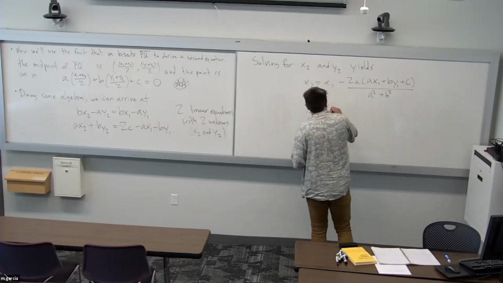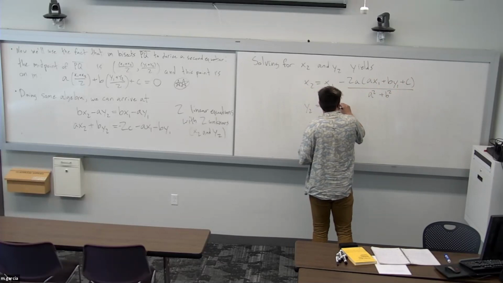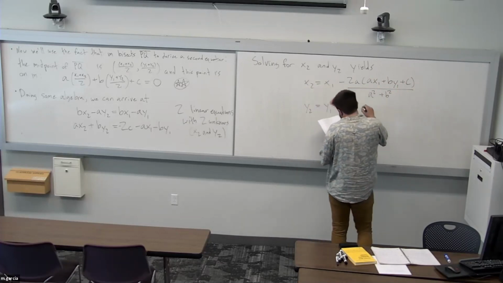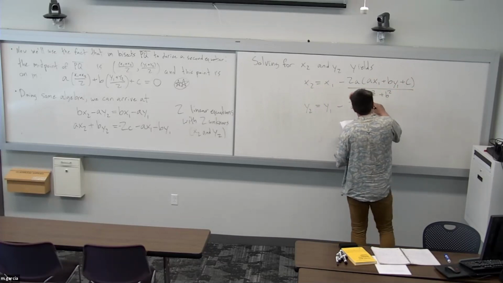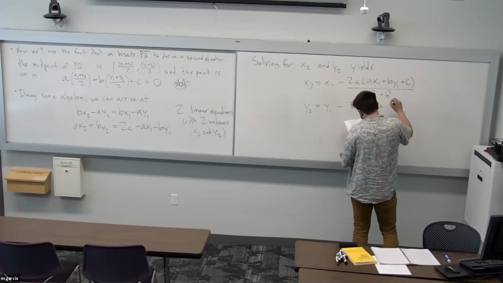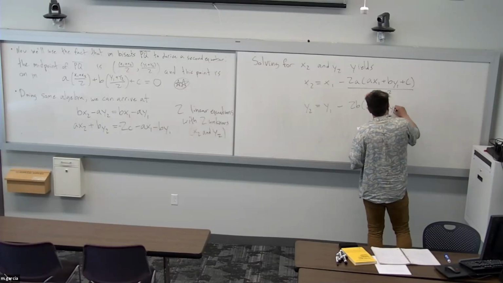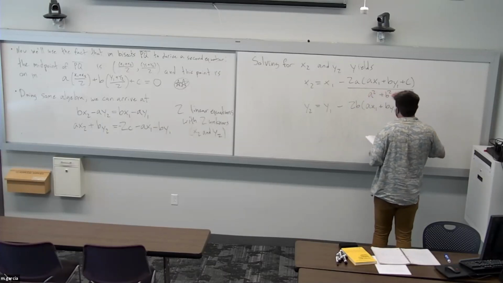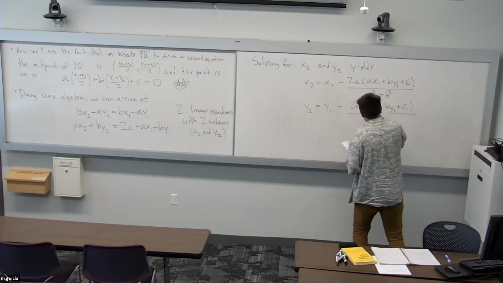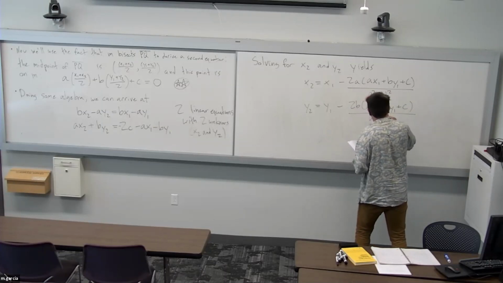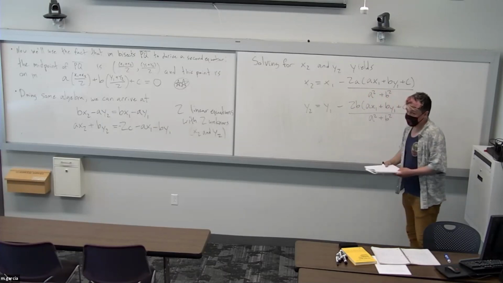Y2 is equal to y1 minus 2b times ax1 plus by1 plus c, all divided by a squared plus b squared.